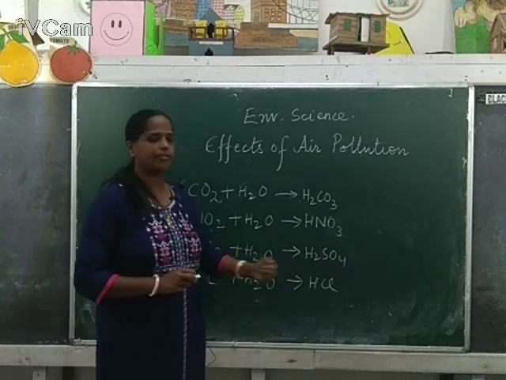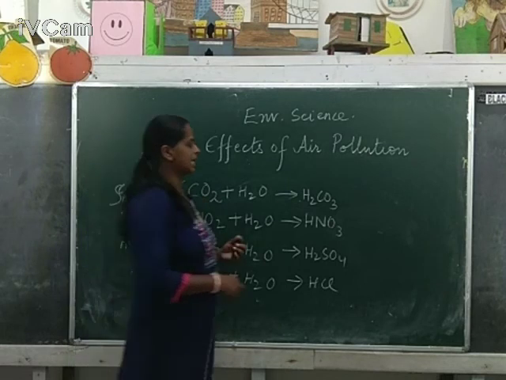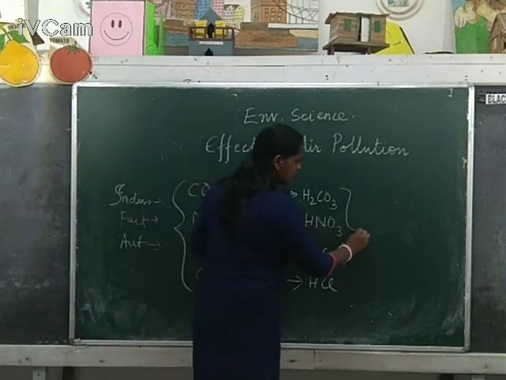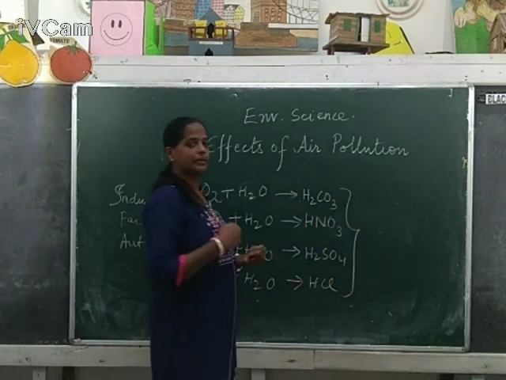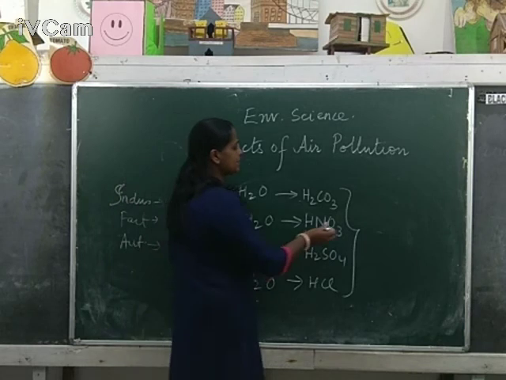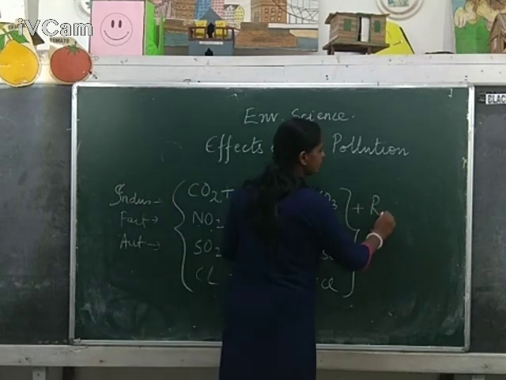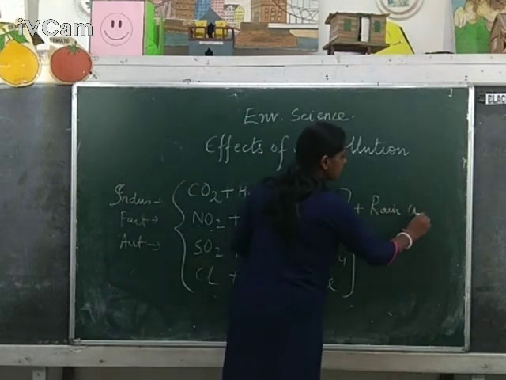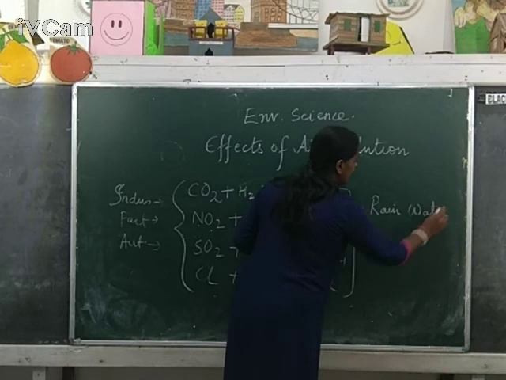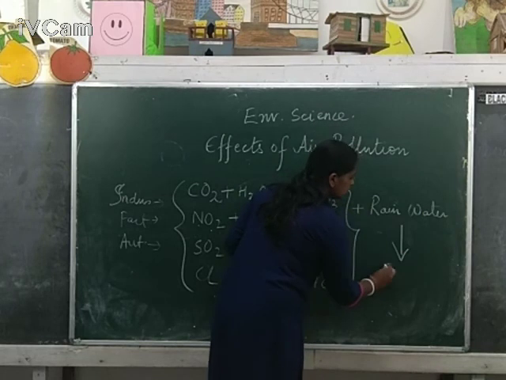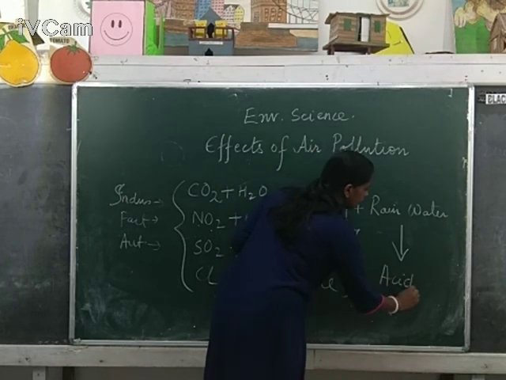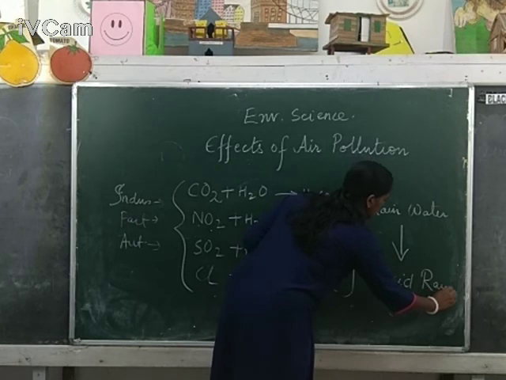These acid vapors remain in the air, and sometimes, as I'm telling you, it's not a very common phenomenon, these combine with the rainwater, they combine with the clouds, and then they fall down to the earth as what we refer to as acid rain.